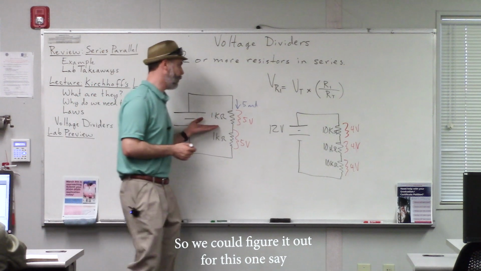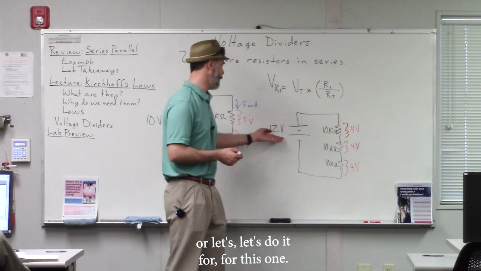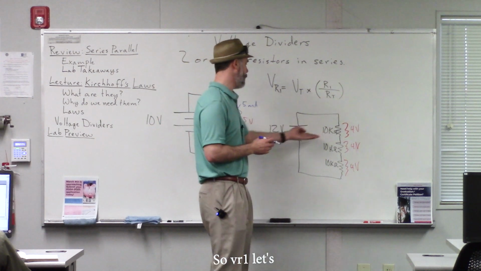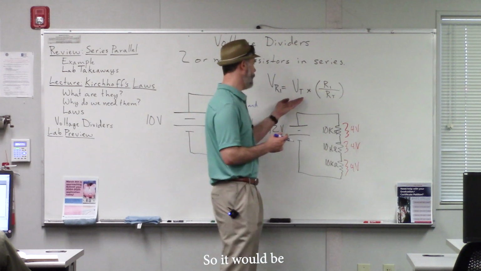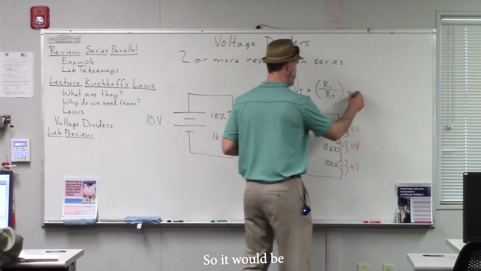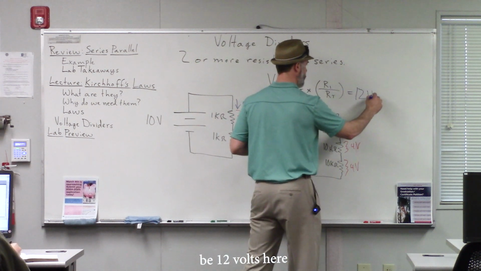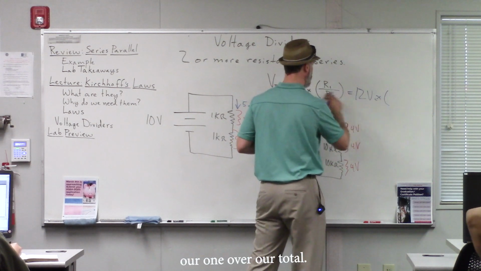So we could figure it out for this one. Let's figure out the voltage for the top resistor, VR1. It would be V total, which would be 12 volts here, times R1 over R total.